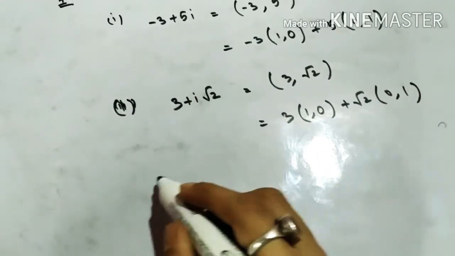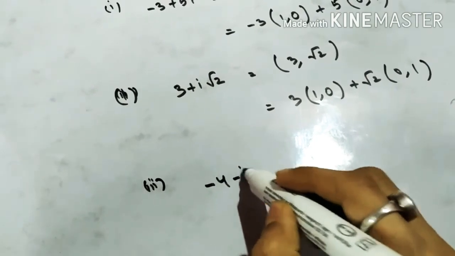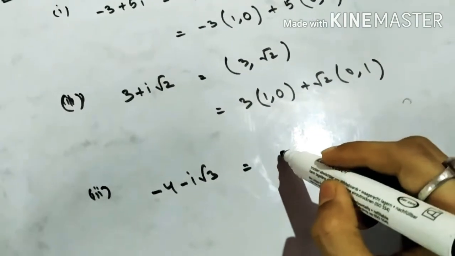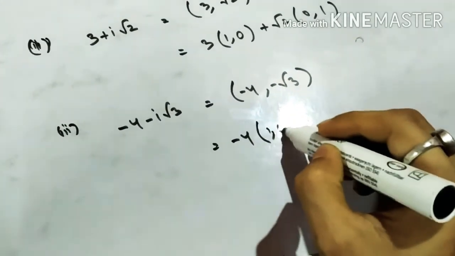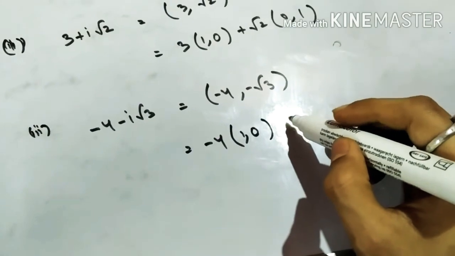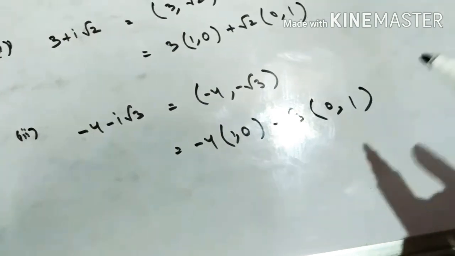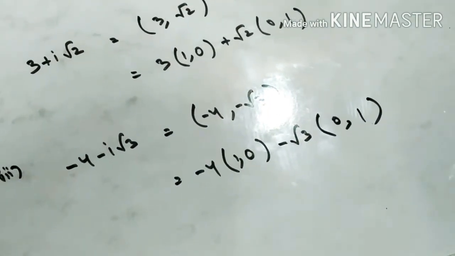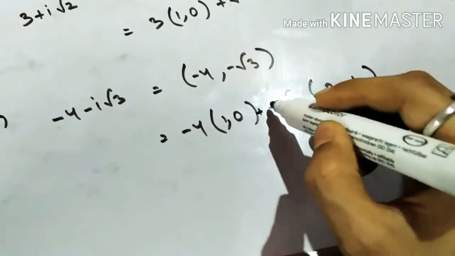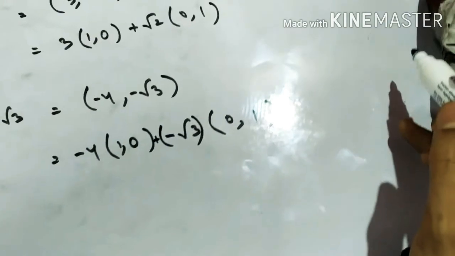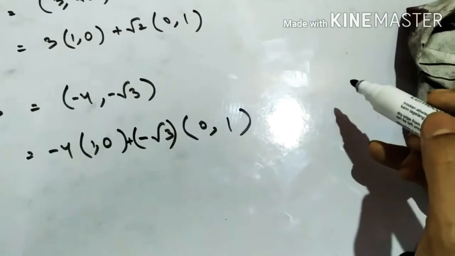Number 4, minus 4 minus i root 3, which is equal to minus 4 comma minus root 3, minus 4 (1 comma 0) minus root 3 (0 comma 1), and then this I can write as plus, bracket, minus root 3 into (0 comma 1).